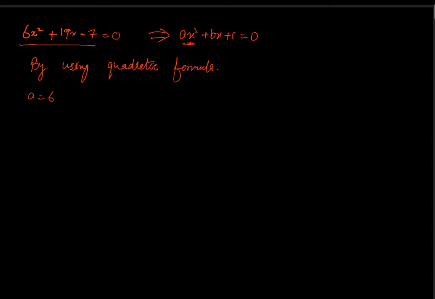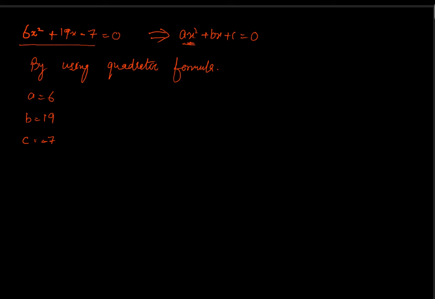So b is equal to 19. Then the constant: here it is -7, and here it is c. So c is equal to -7. So I got the values of a, b, and c.